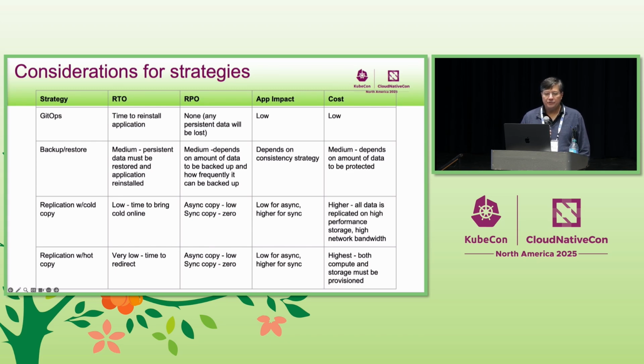Your RPO is the same as your replication with cold copy, same strategy there. And your app impact is similar. But then your cost is going to be the highest because now you have to have your application running in 2 different data centers full time. That's going to cost. So you have to think about which one you actually need, and then trade off the costs.